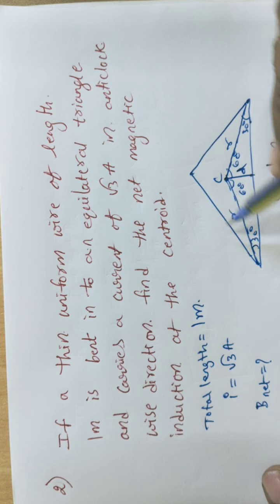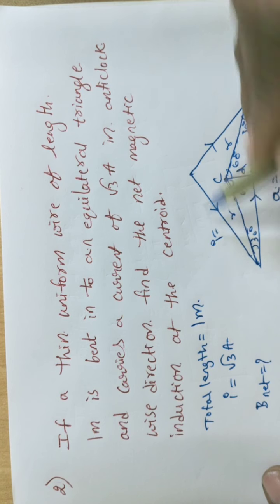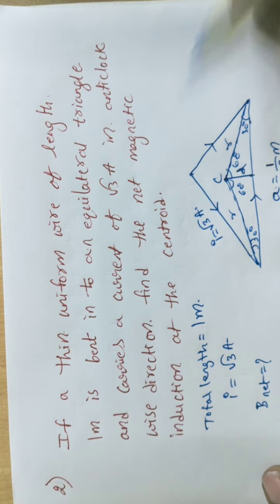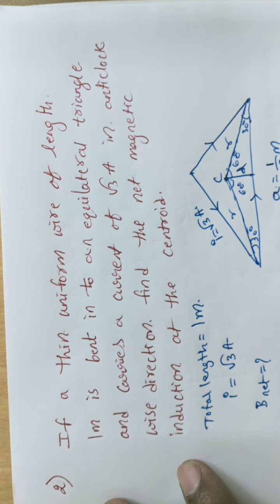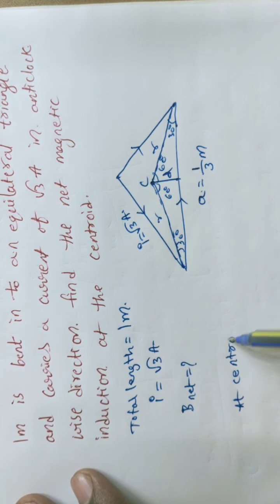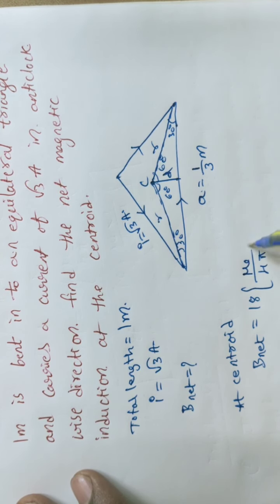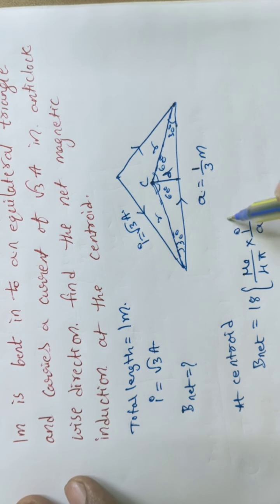Okay, students, here it is clearly given that current is flowing in anti-clockwise direction. I value is root 3 amperes. So what is the direct formula at the centroid? At the centroid we have the formula B net is equal to 18 times mu naught by 4 pi into I divided by A. So 18 mu naught by 4 pi is nothing but 10 power minus 7, into I value root 3, and A value 1 by 3.